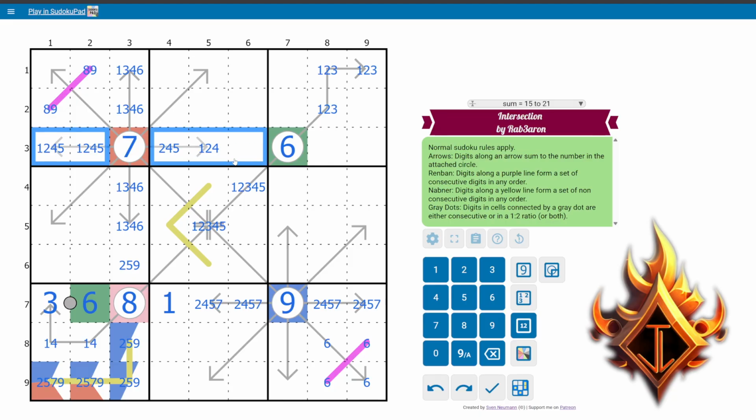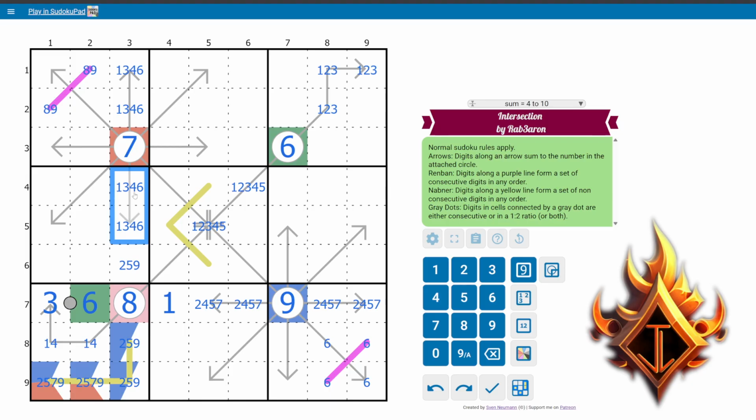I was looking at the 6. Okay. So this arrow is going to be either there or there. That is all good.